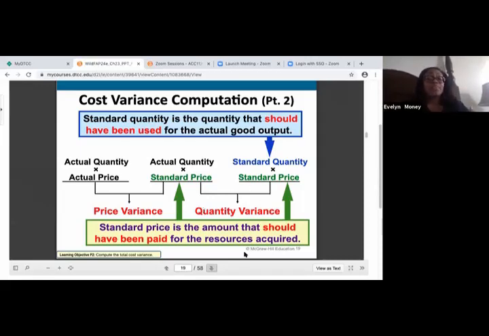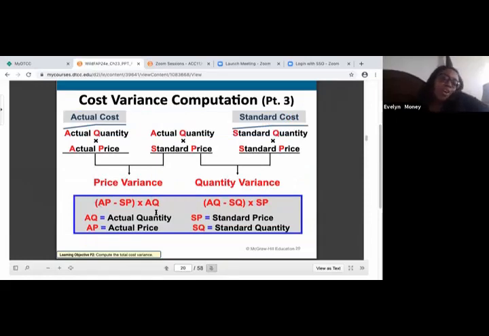We can say the same thing for labor. Either I pay them more than what I plan to pay them per hour, or they work longer than what I planned for them to work. Now for overhead, it's based on how we compute that predetermined overhead rate, whether it's based on units or whether it's based on direct labor hours.